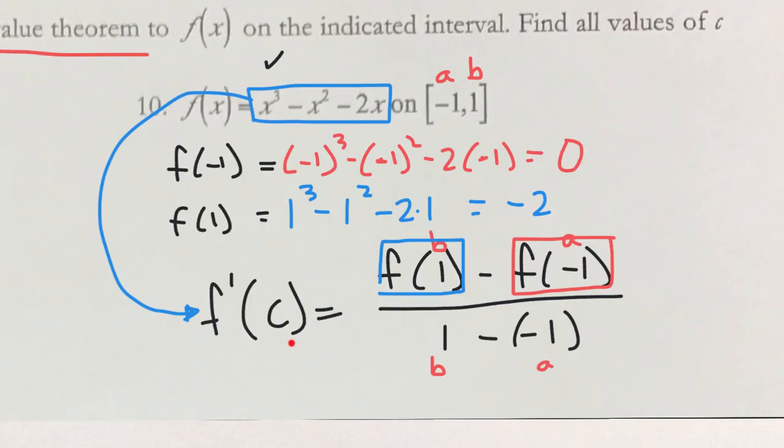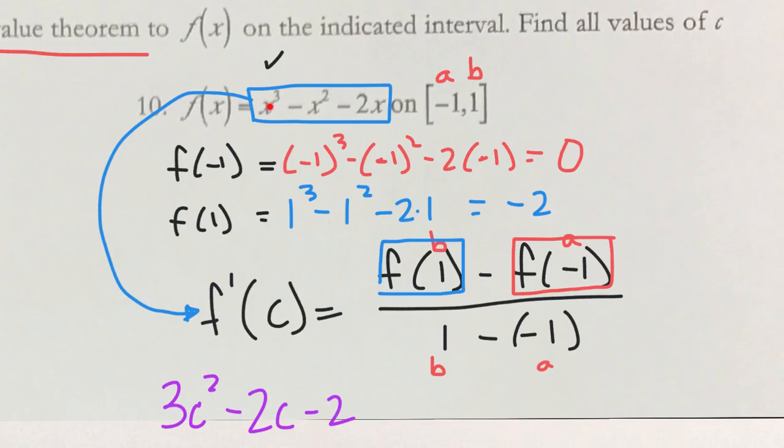We're going to take the derivative of our function, and I'm going to change the x variable to c. Right, I'm looking for some c value, so I'm going to change the x variable to c as I take the derivative. Okay, so follow me here. So x cubed is 3x squared, but I'm changing x to c, remember, minus 2c minus 2.